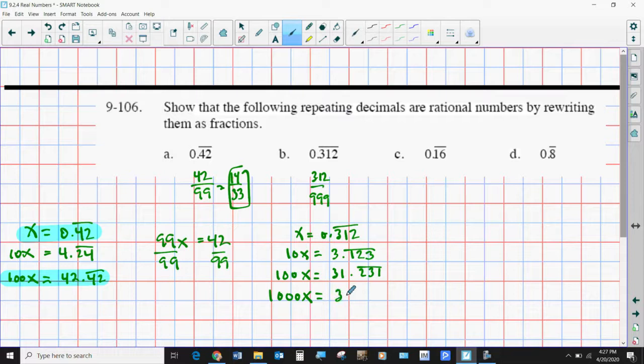So this is going to be 312.312 repeated. So if I take, come on, people, let's do it. If I take this one right here, and this one right here, then the repeating part is going to cancel out and make 0. 1000x minus 1x is 999x.